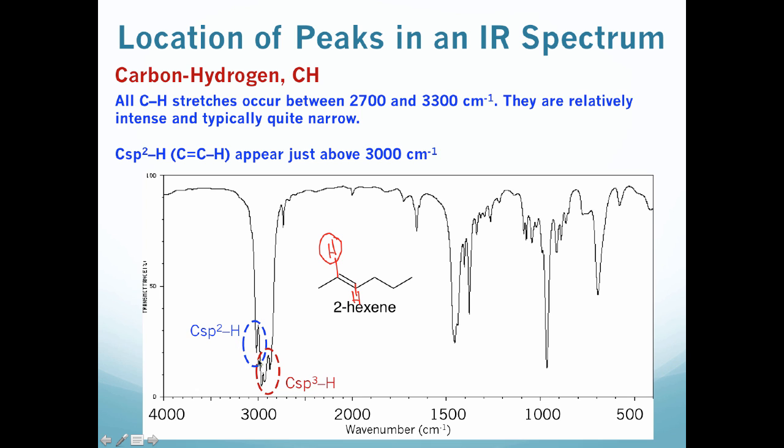That's what we see right here above 3,000 wave numbers circled in blue. Now, of course, 2-hexene also has a lot of sp3 hybridized carbons that contain hydrogen, and we can still see those stretches just below 3,000. So these sharp, distinct peaks just above 3,000 are very diagnostic for alkene hydrogens.